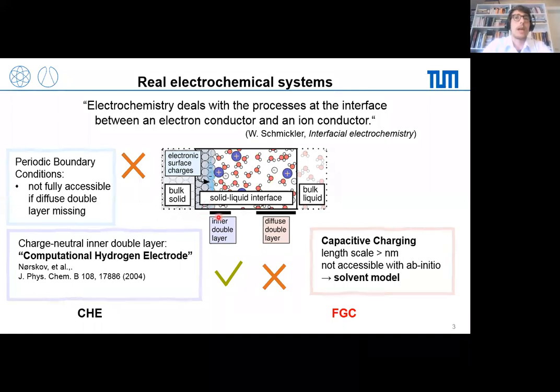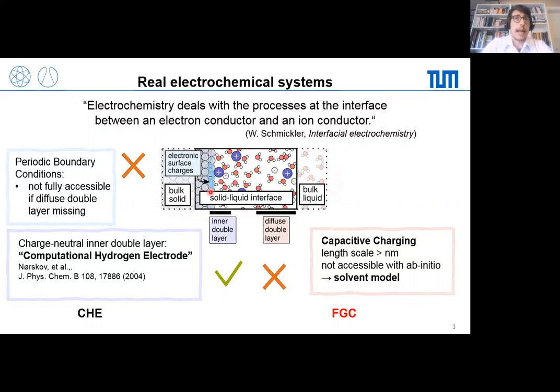And because of these limitations, typically we impose a priori that we treat this inner double layer as charge neutral. With charge neutral, I mean that we do not look at any possible variation of the electronic surface charges. This is simply related to the fact that it's problematic to address in periodic DFT codes.